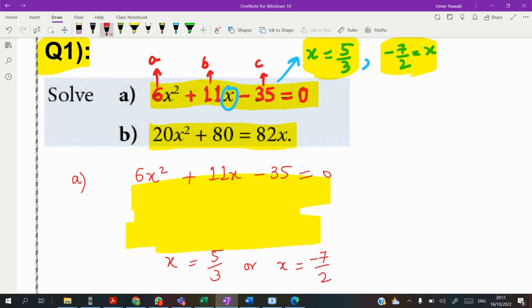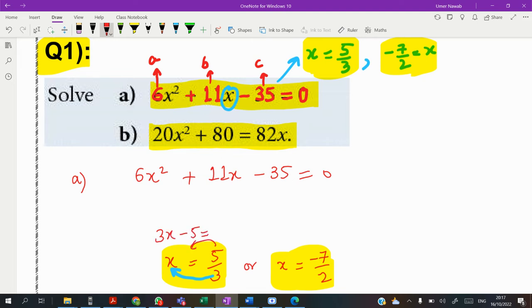Now, can we convert these two solutions into factor form? The answer is yes. Multiply 3 with x, it gives you 3x, and send the 5 to the left: minus 5 is equal to 0. So you need to try to make 0 on the right hand side.